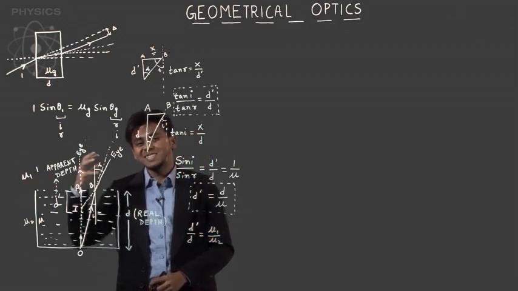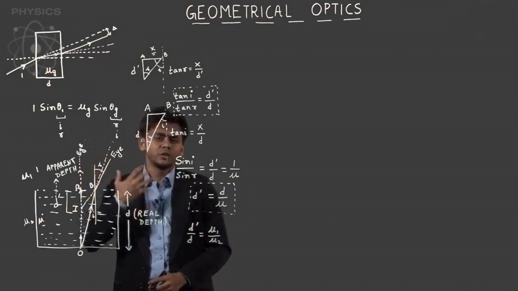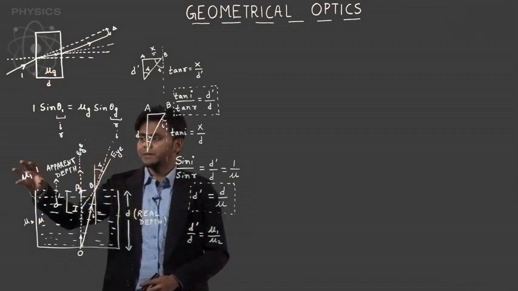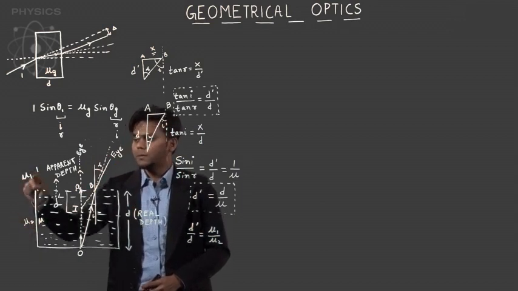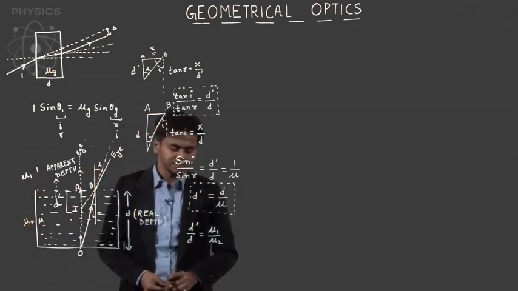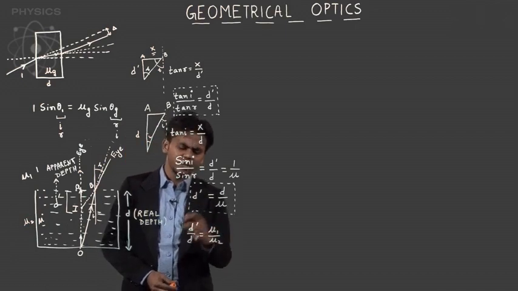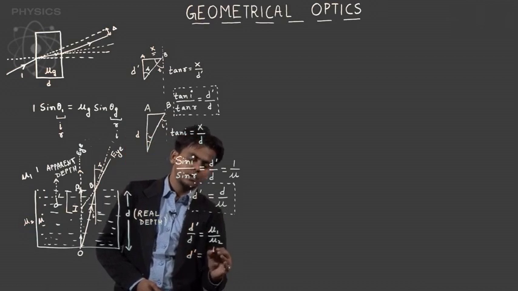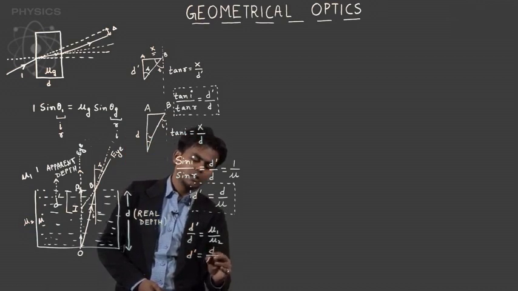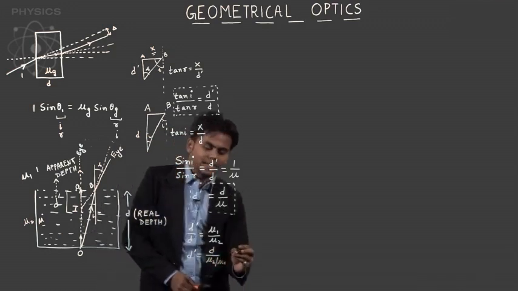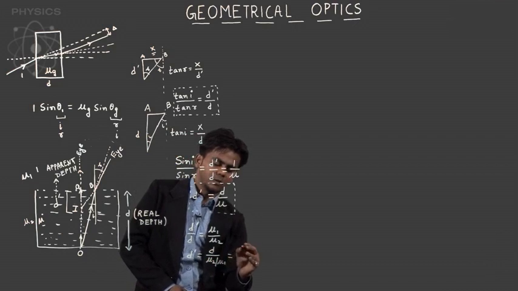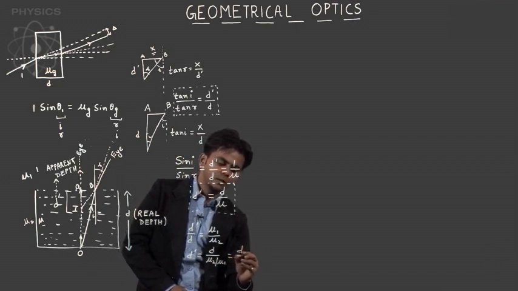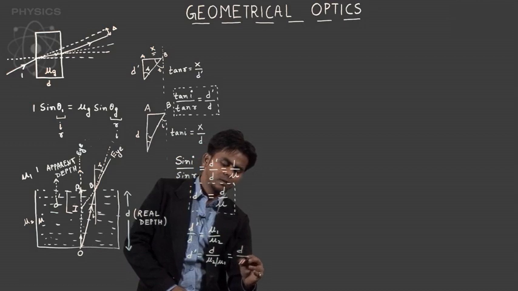See, this may seem quite illogical to you, counterintuitive to you, but bear with me. This is your second medium, this is your first medium. So this upon this thing. Now if you do a slight modification over this, what you would get is d prime is equal to d upon mu 2 by mu 1, and this gives you d upon mu of 2 with respect to 1.